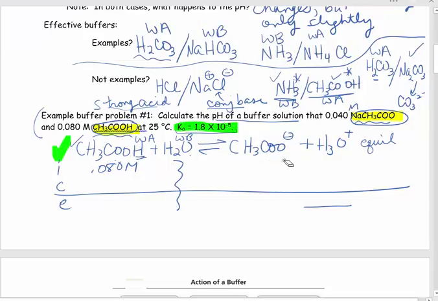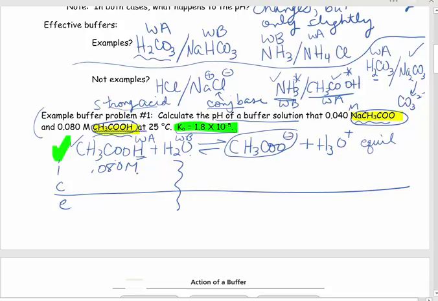Okay, so think about what you would normally do now if you were setting up your ice table. This value here, your acetate initial concentration, would normally be what? 0. But in this case, we have a buffer. So we have substantial amounts of both components.